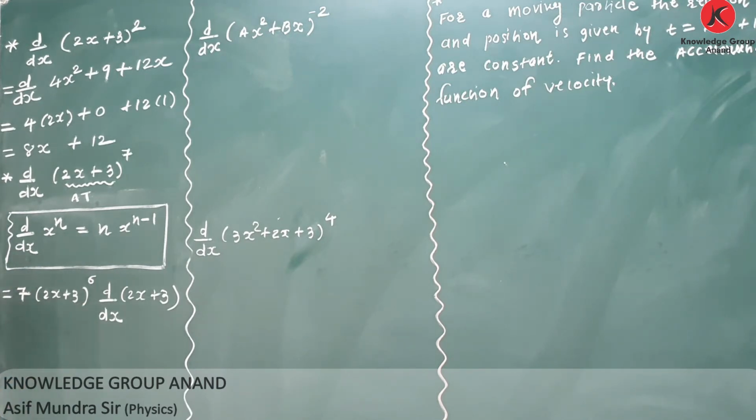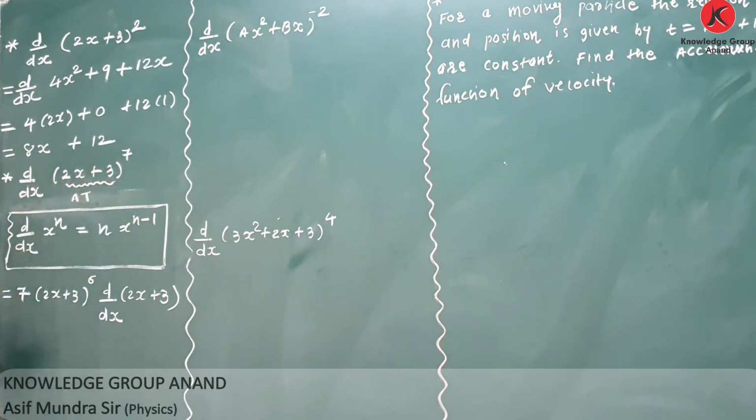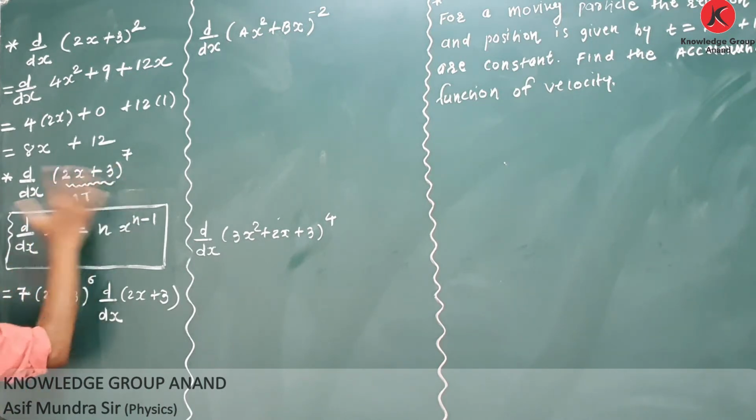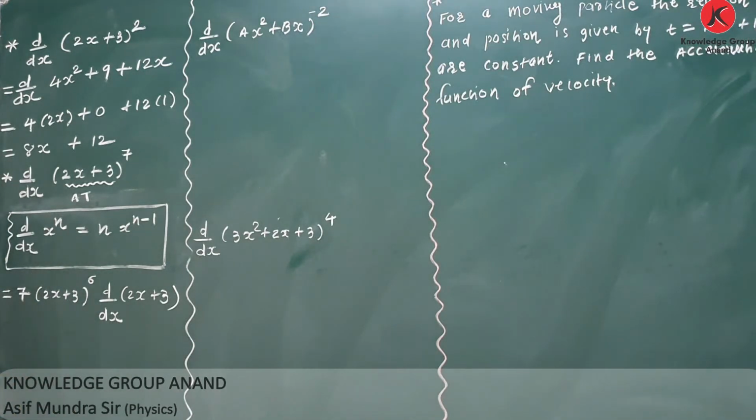Clear about this? Again, d upon dx of (2x plus 3) whole raised to 7. This 7 is not the power of x, so you have to consider this term as an additional term. How to solve it? First of all, apply this formula: 7 as coefficient, 2x plus 3, decrease one power, that is 6. But what is the additional method?